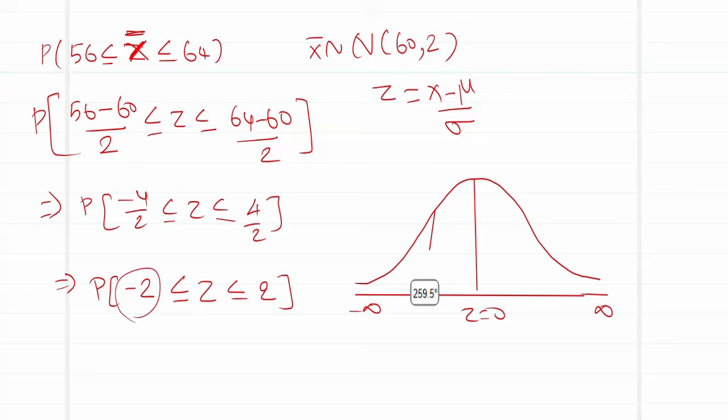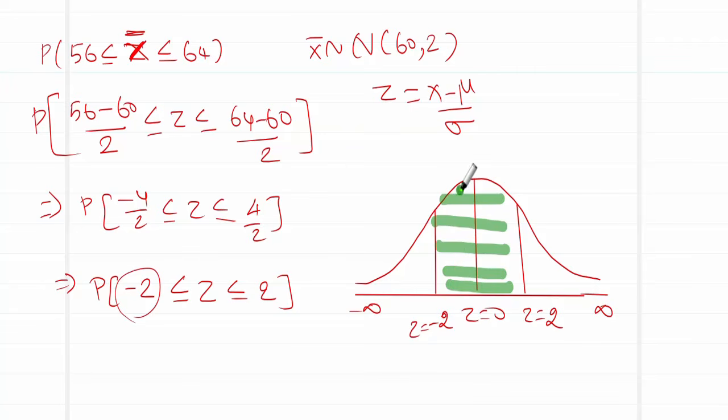My z equal to minus 2 will lie in the negative region. So this is my line z equal to minus 2. And where will my z equal to positive 2 be? It will lie towards the positive side of z. So this will be my line z equal to plus 2. What is my requirement? My requirement is the region between these two portions. So this shaded portion is what is my requirement.